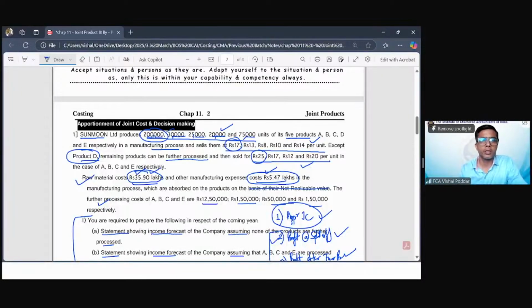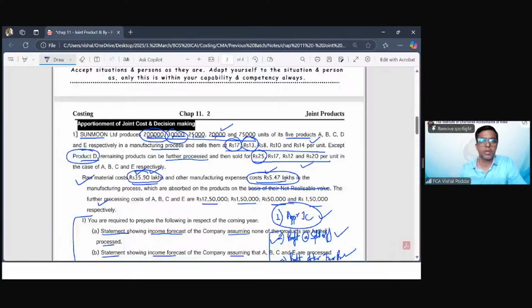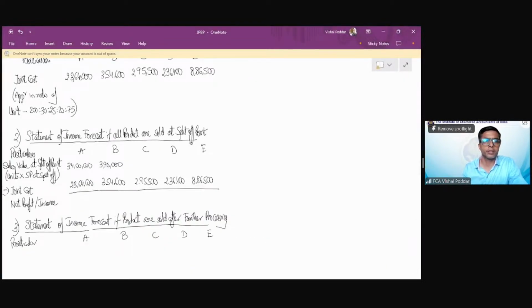Then 30,000 into 13. Correct, na? So it is 390. 25,000 into 8. Correct? How much will be 25,000 into 8?